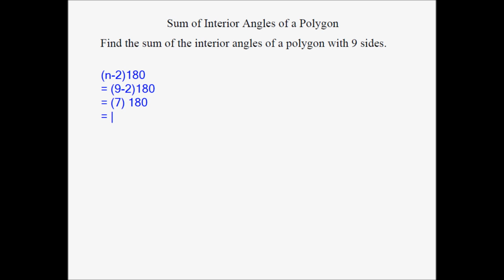And I'll use my calculator for that. That's my answer. So the sum of the 9 interior angles, if you add all the 9 angles of a 9-sided polygon, the total sum is going to be 1260 degrees.